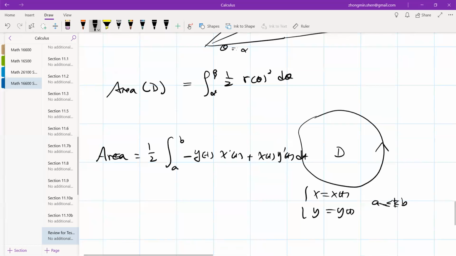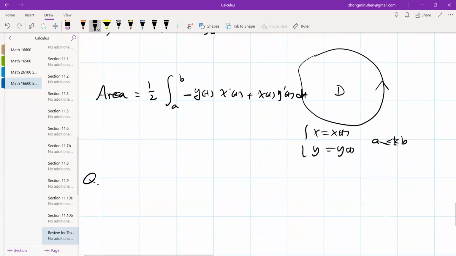Let's continue working on the problems from that chapter, to review. Let's take a look at the following problem.